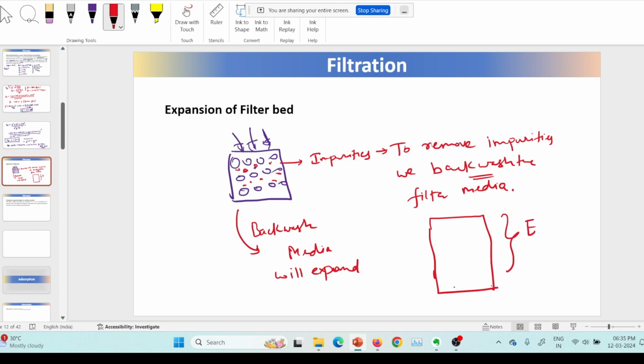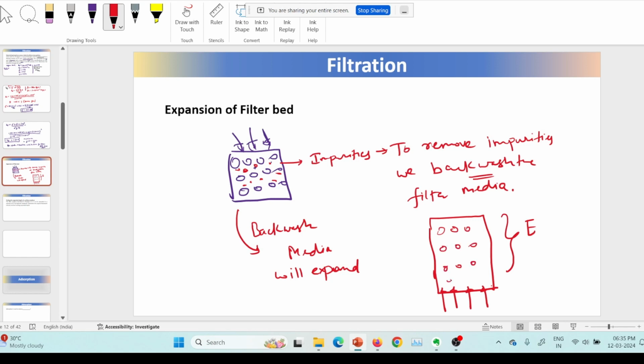It is called backwashing because we are supplying water in the opposite direction. It is not called washing. So the media will expand.